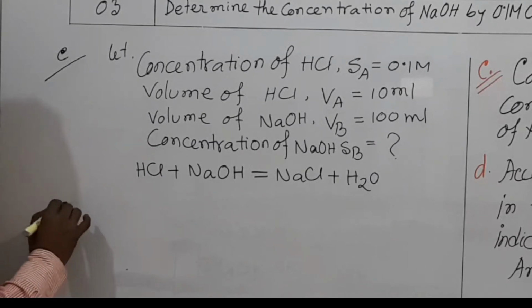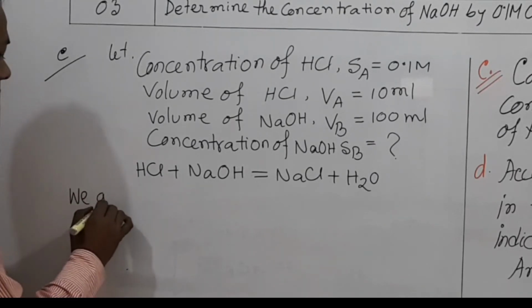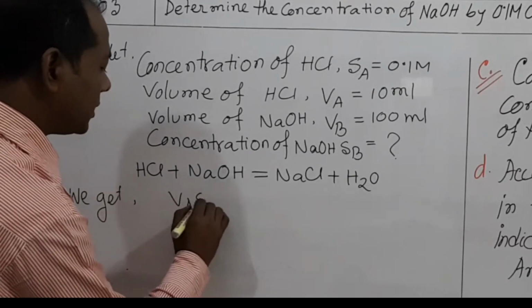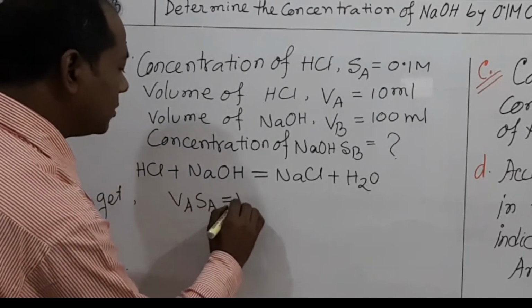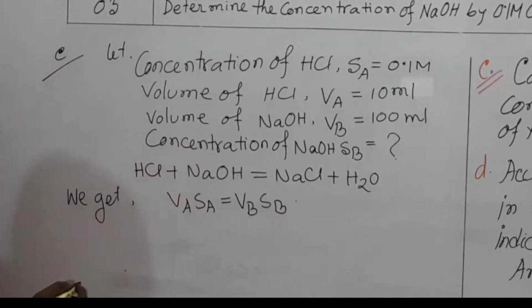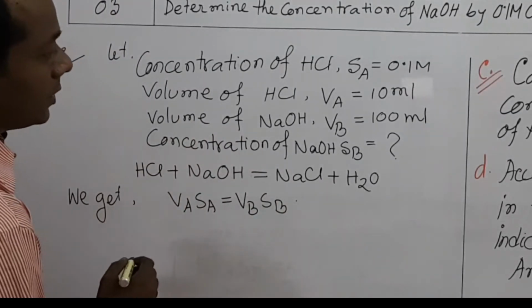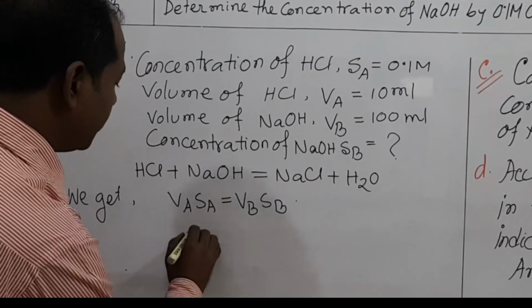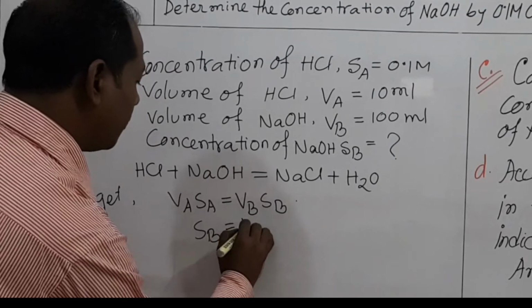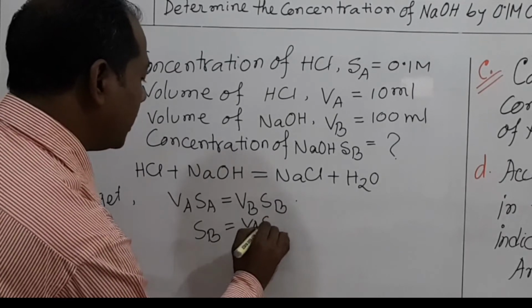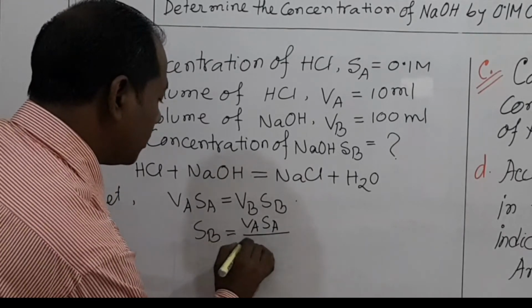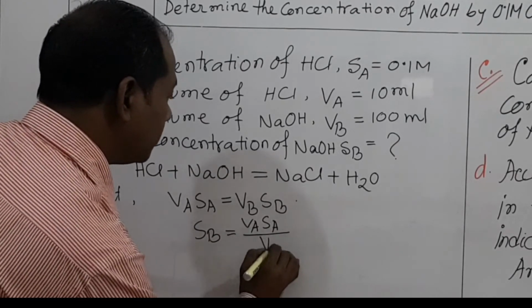So we get VASA equal to VBSB, and SB equal to VASA divided by VB.